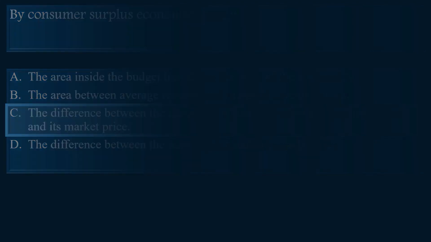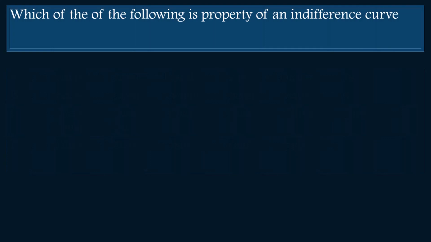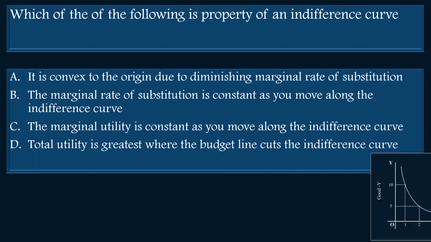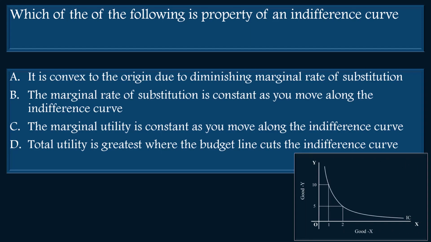Third question. Which of the following is property of an indifference curve? Options: A. It is convex to the origin due to diminishing marginal rate of substitution. B. The marginal rate of substitution is constant as you move along the indifference curve.